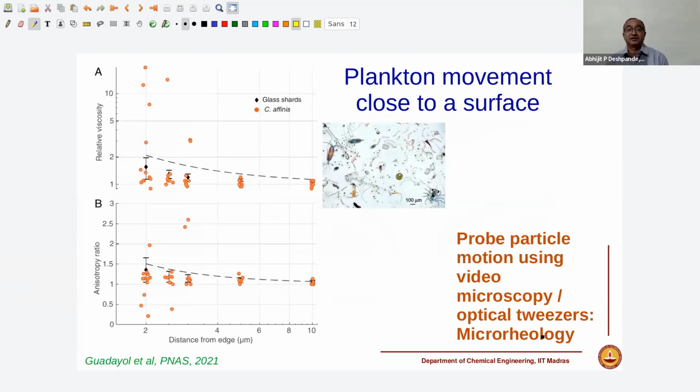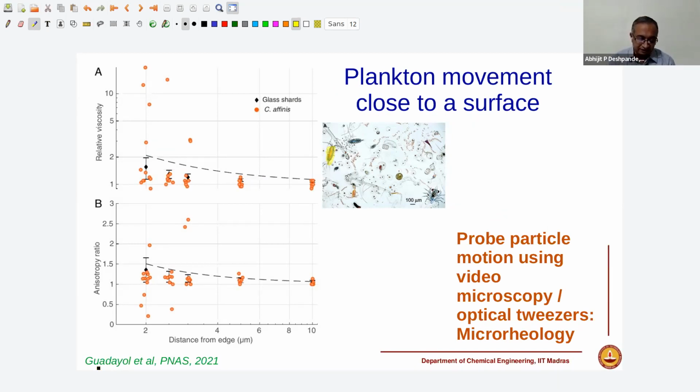The other example I have is from plankton movement. These are species in the marine environment which basically go along with the current. What's interesting about these plankton is that near the body itself, surrounding the body, there are extracellular polymers, and they modify the overall viscous environment that the plankton sees when it swims around.